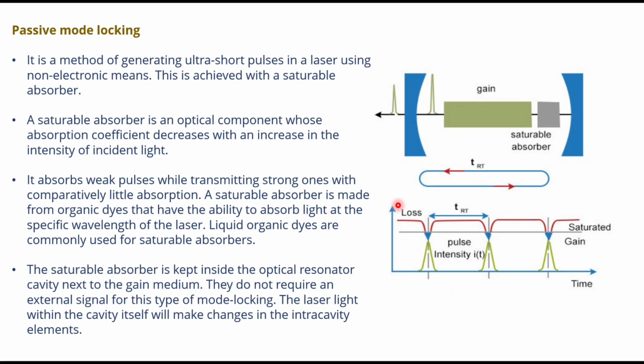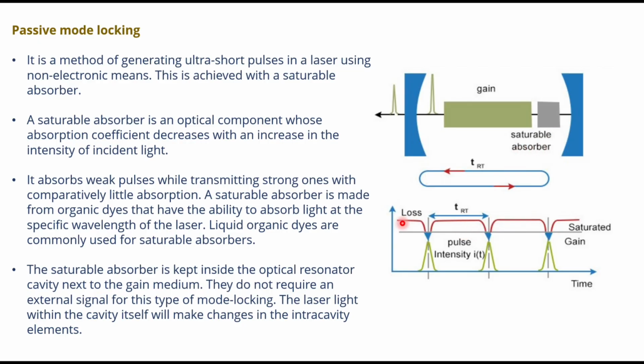So this is the graph where we can see the green spike represents the light pulses or intensity, and the red line shows the loss inside the cavity. The blue line shows the gain or energy supplied by the gain medium. When the pulse passes through the saturable absorber, the absorber becomes saturated and the loss decreases.